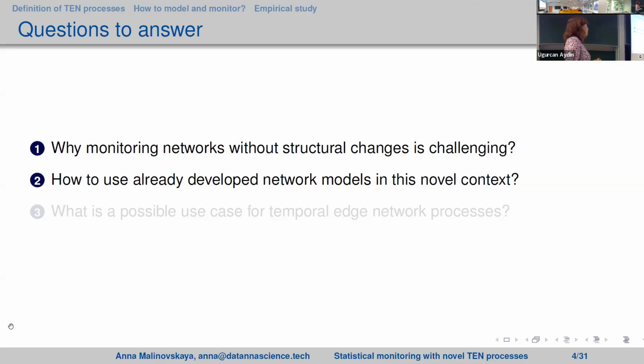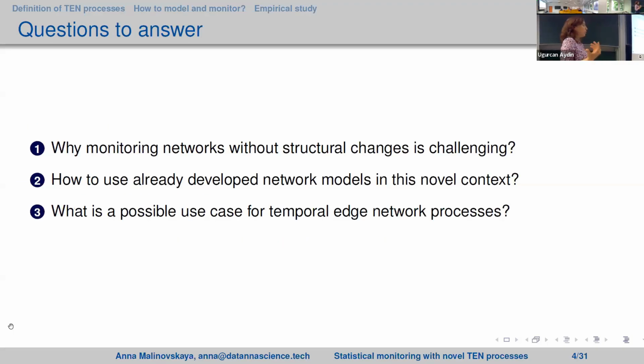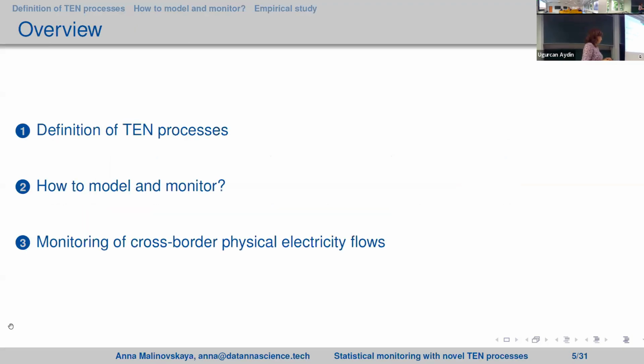And then the third point is, what are the possible use cases, right? And here you can already notice this title part, Temporal Edge Network processes. We basically focus on fixed networks with something happening on the edges.